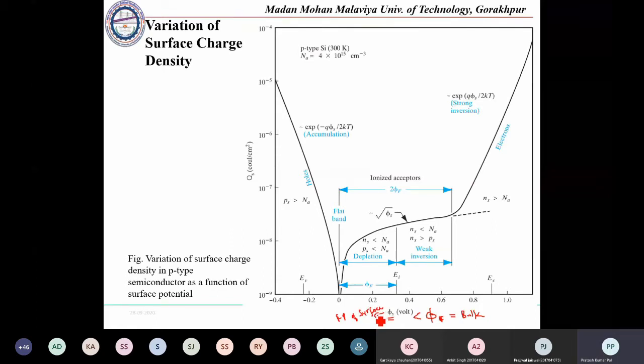This surface is basically the oxide and semiconductor interface area, which is called the pure surface. Whatever Fermi potential is there at the surface is called phi s, and phi f is the Fermi potential of the bulk, meaning the complete p-type substrate we are using. The bulk is totally the substrate region.